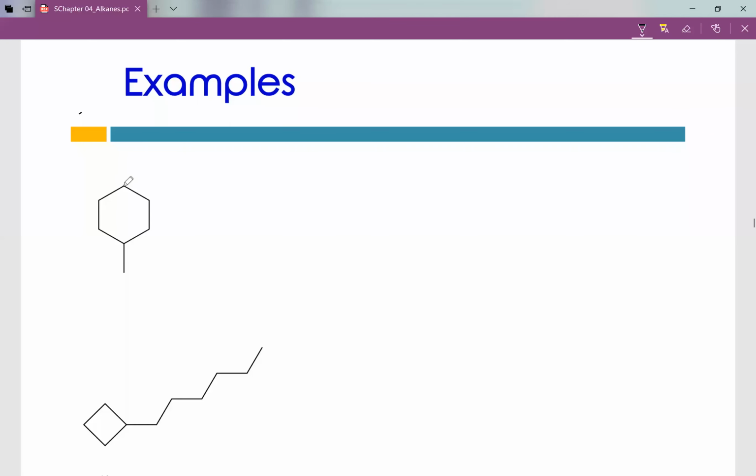So if we look here, we see we have our cyclo right here, and then our chain outside of our cyclo right here. Our cyclo is made up of 6 carbons, and the chain outside is made up of 1 carbon. So obviously the 6 carbon cyclo is going to be our parent chain. Recall, cyclohexane is our parent chain.